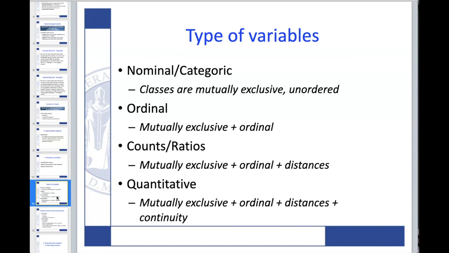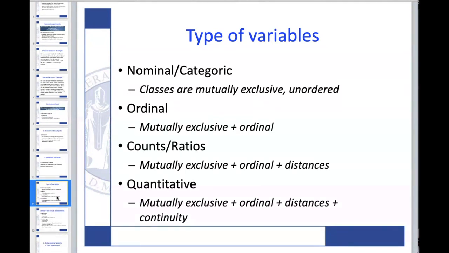We can also have other ordinal classes. For example, if we want to score the taste of a wine, we can use a scale where we have 1 when the wine is not good, 2 when it is better, 3, 4, 5, from 1 to 10.